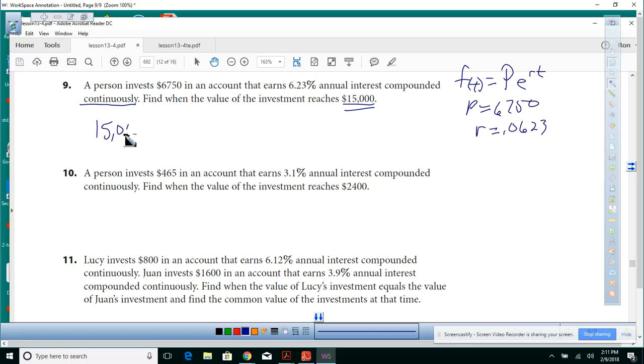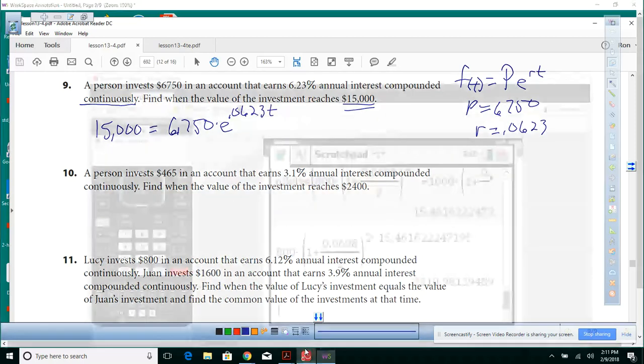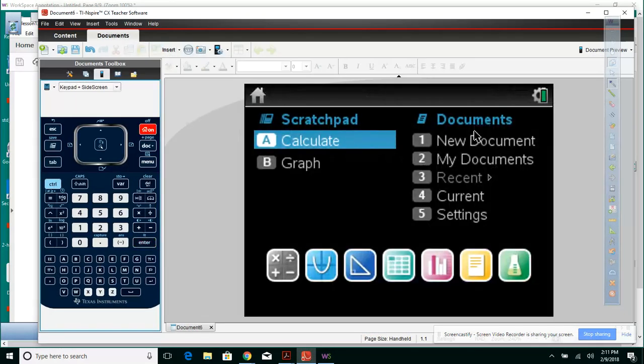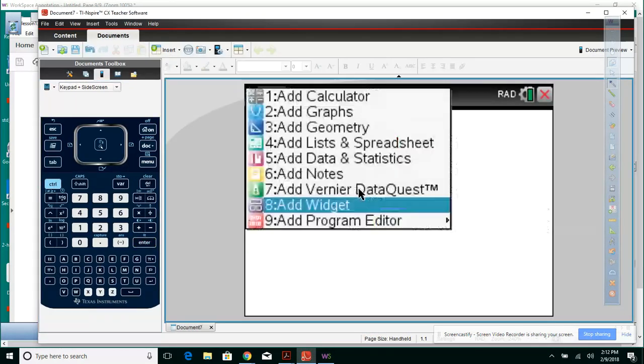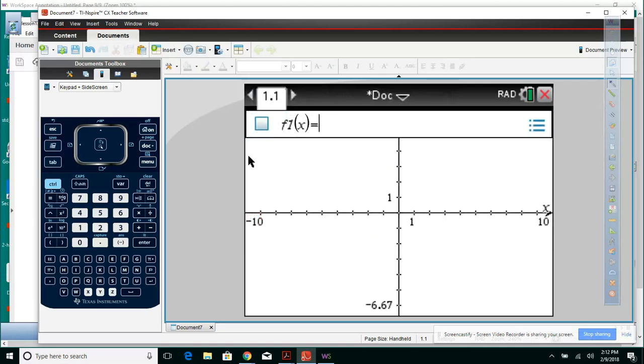So we've got $15,000 equals $6,750 times e to the 0.0623t. All right. Again, you can just graph that. On, new document, no, graph.